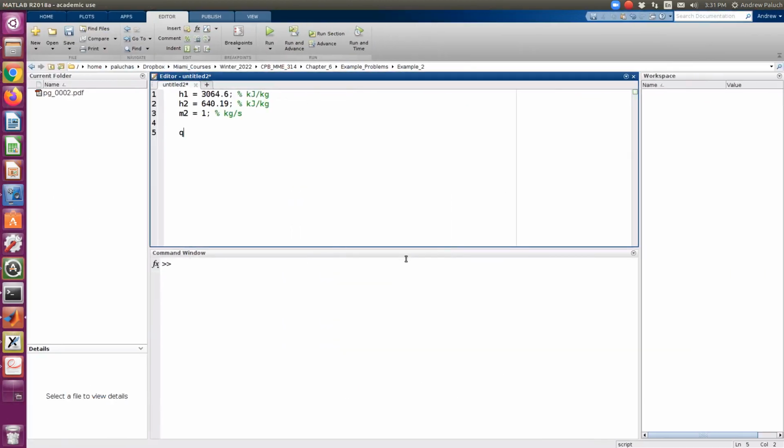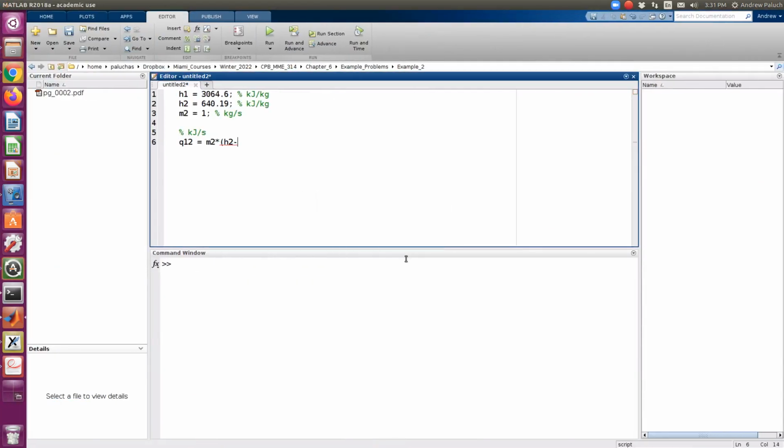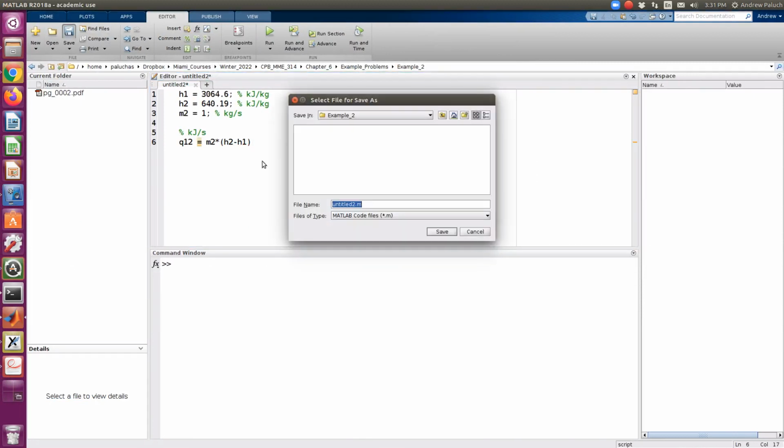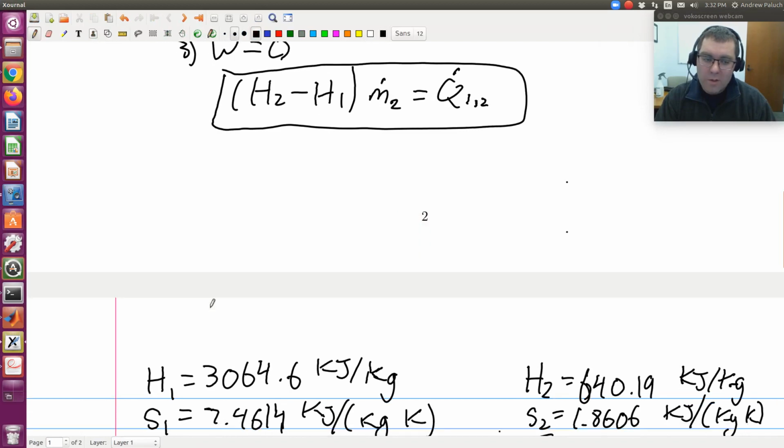So Q dot, I'm going to call it Q12. This is an energy in kilojoules per second, equal to M2, which is in kilograms per second, times H2 minus H1, which are in units of kilojoules per kilogram. So I'll get kilojoules per second. Running it, I get big Q, times 10 to the 3, so negative 2,000.